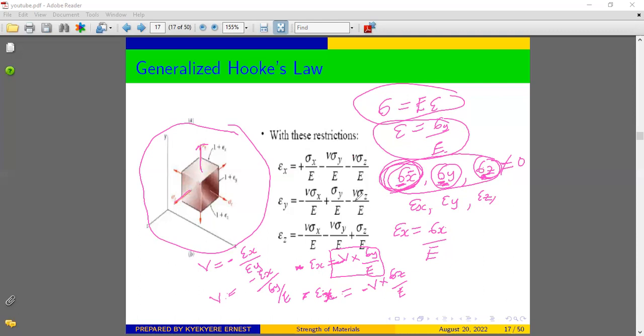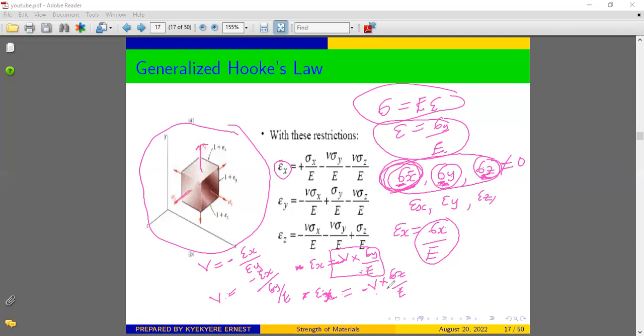So from there, our total strain in the x-axis is going to be this strain, which is as a result of the principal strain as a result of the stress in the x-axis, and then the strain as a result of the stress in the y-axis, and the strain as a result of the stress in the z-axis.